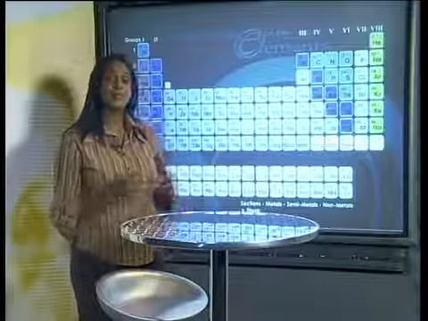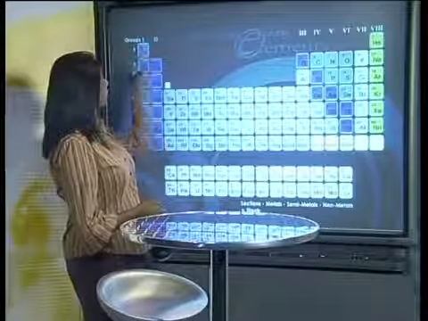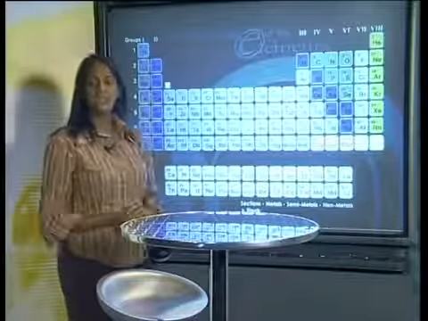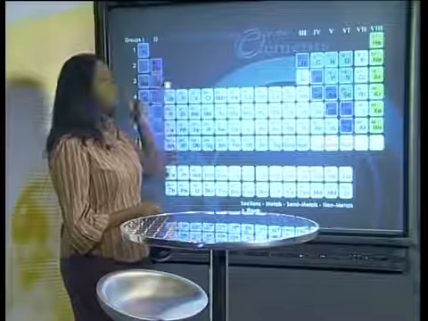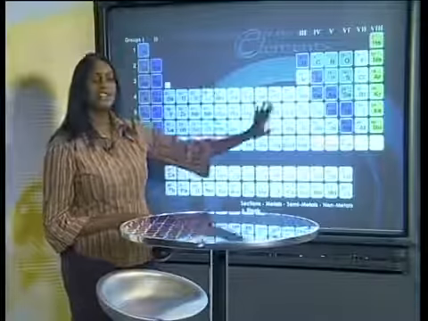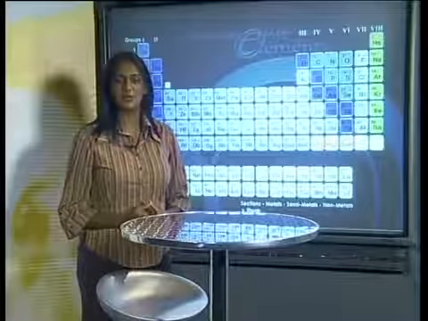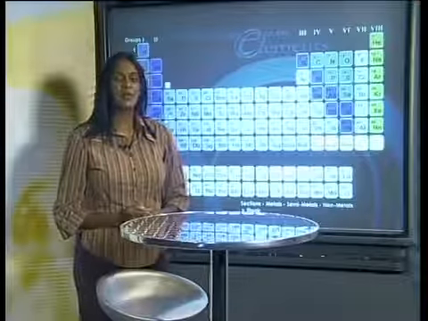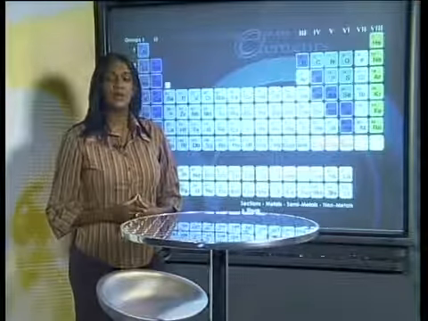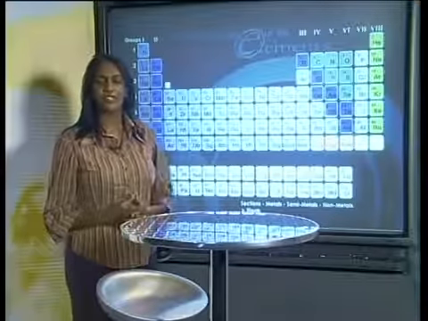Now, the metals are further divided into groups on the periodic table. Group 1 metals are called alkali metals. Group 2 metals are called alkaline earth metals, and the elements in the large block in the middle of the periodic table are called transition metals. For the experiments we will be looking at in this series, we will choose examples of metals from each of these groups for our investigations.